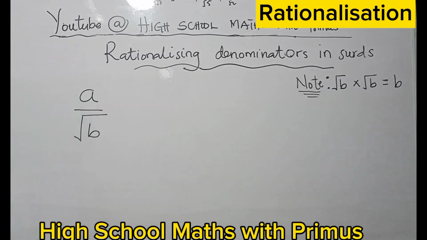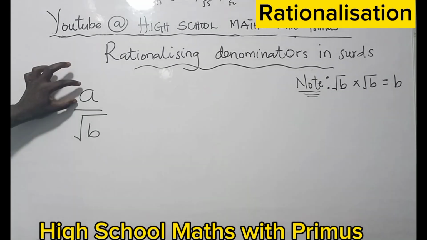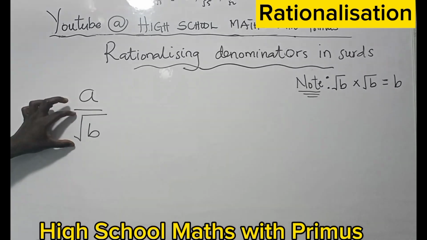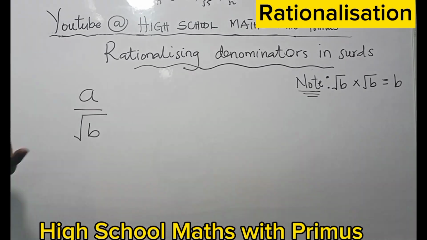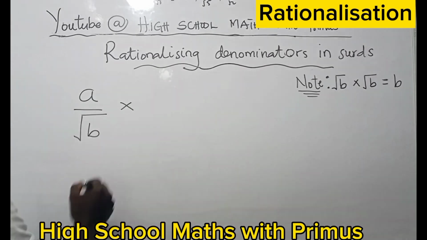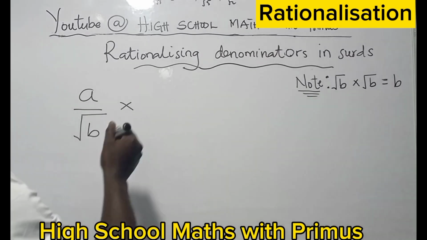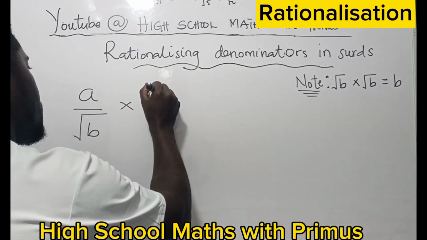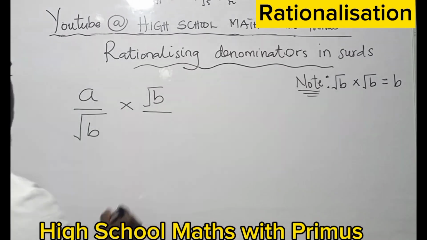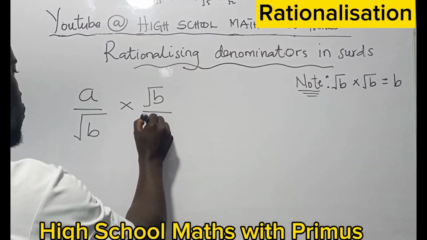To do this, multiply both the numerator and the denominator by the denominator. What I mean is, the denominator is root of b, so you are multiplying both the numerator by root b and the denominator too by the same root b.